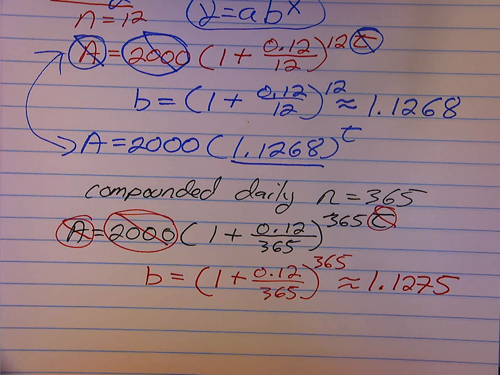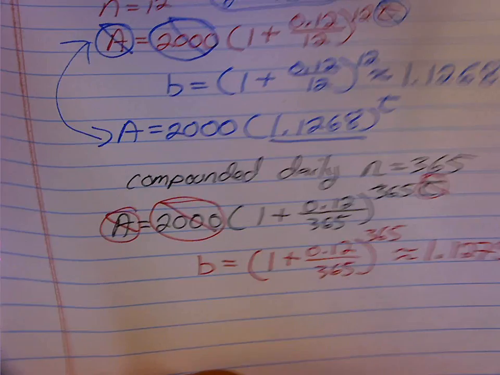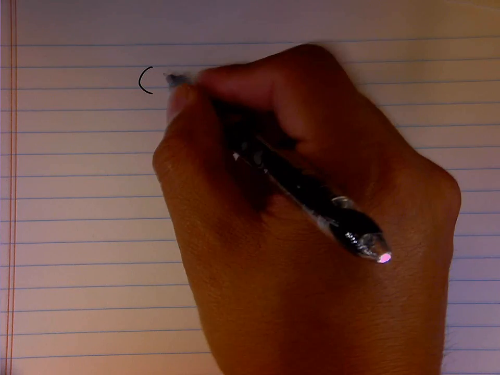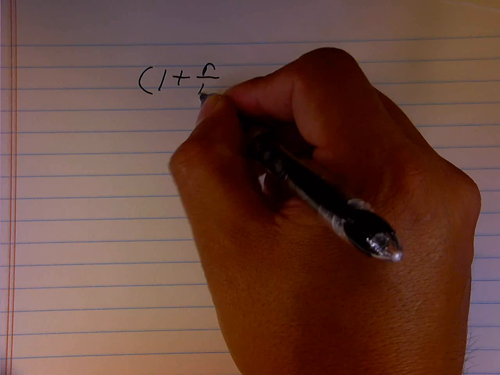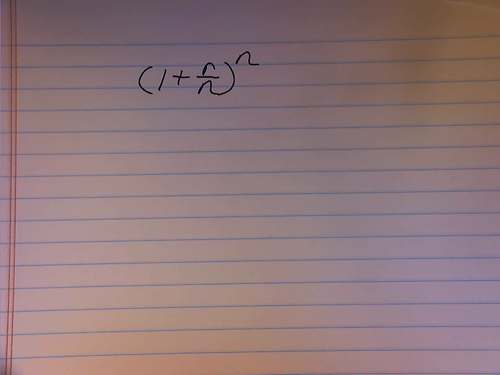What he discovered was that if more and more times that you compound this, so as I compound this more and more and more, that is the factor of the compound interest formula. That's just the factor.